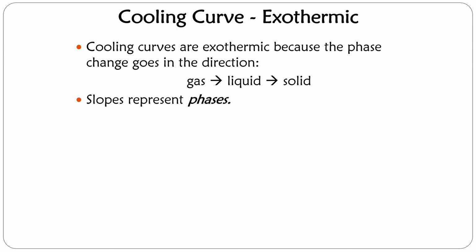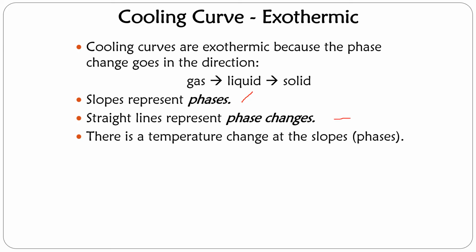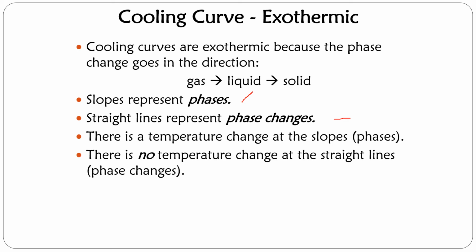And once again, the slopes, which were these tilted lines, were representing the phases, and the straight lines were representing the phase changes. So during the phases, during those slopes, the temperature was decreasing. So there was a temperature change. But during the phase changes, during those straight lines, there was no temperature change. The temperature was staying constant.